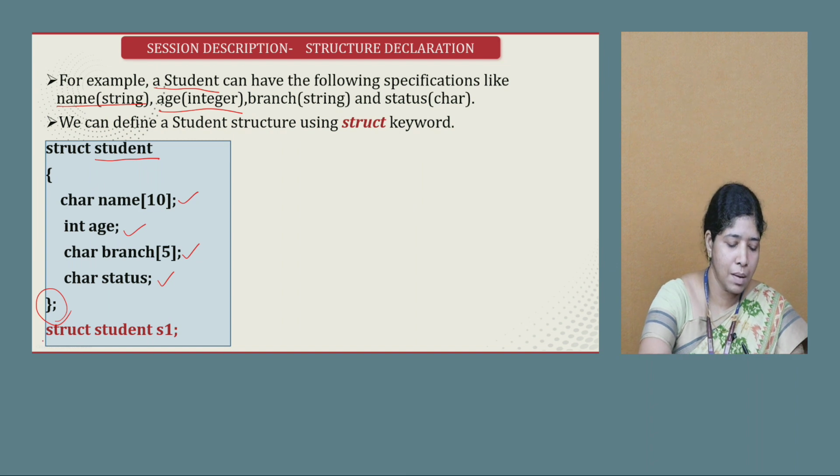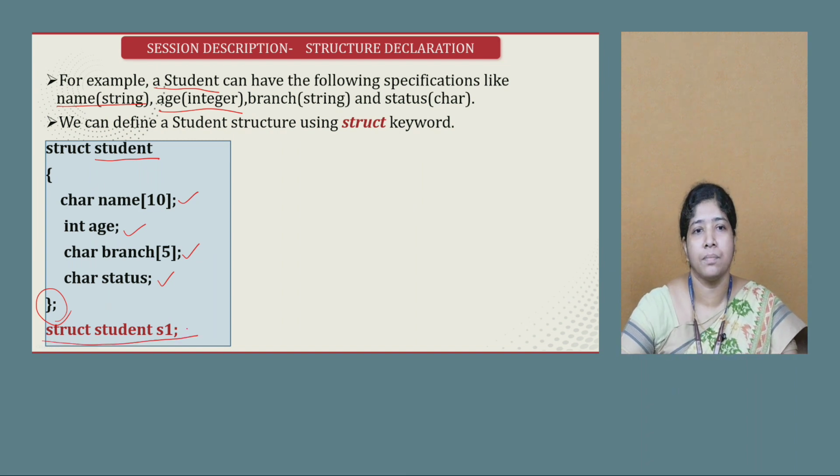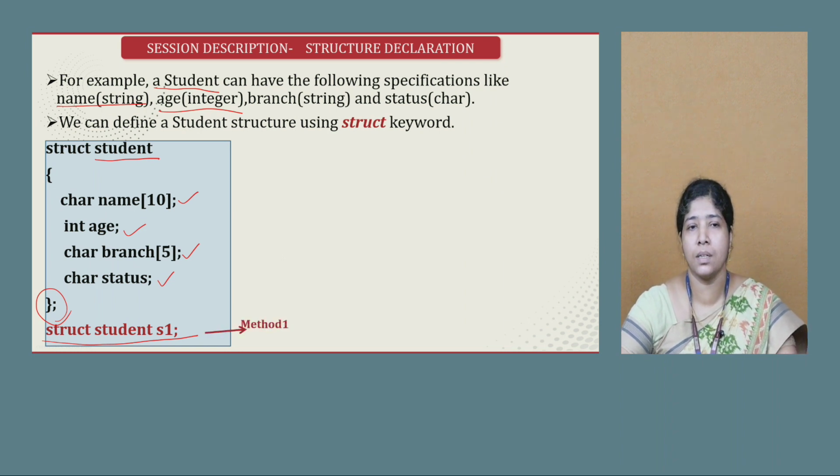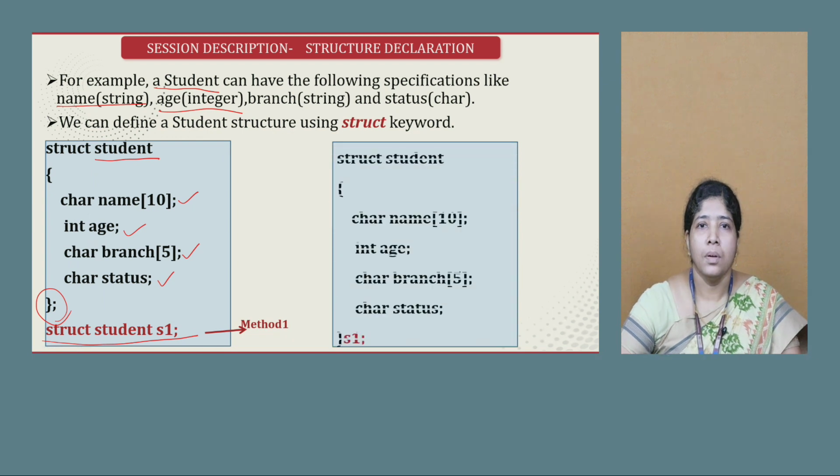So this structure name can be given in the main function. How we can use struct, the tag name and the name of the structure: struct, tag name and name of the structure. Okay, so we'll see one example, as well as the two methods of how to declare this. These are two similar methods where we can give the name of the structures.